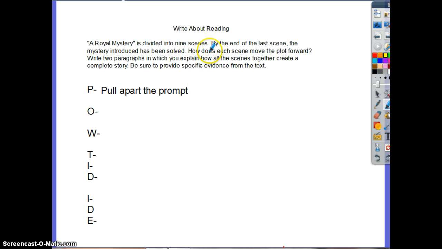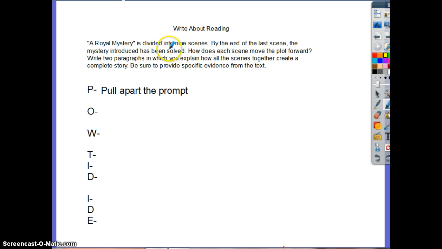All right, it says on here that by the last scene, this mystery has been solved. So it's asking me this question right here. It says, how does each scene move the plot forward? Well, I need to remember what the word plot means.